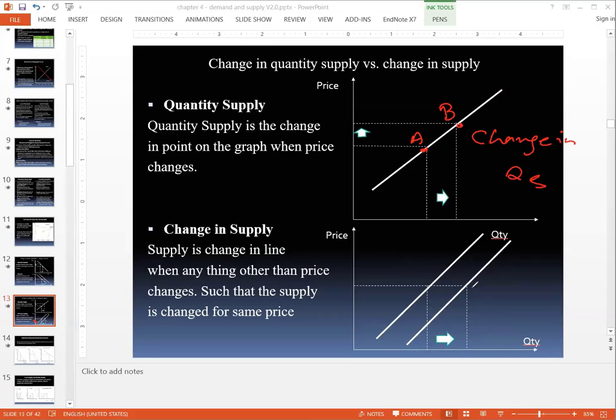But when the price is the same and still supply is increasing, this is a change in supply. So what other things could change? We'll go into that in detail later on. Okay, hope it is clear now. This was our topic for today, and I hope you understood this point.